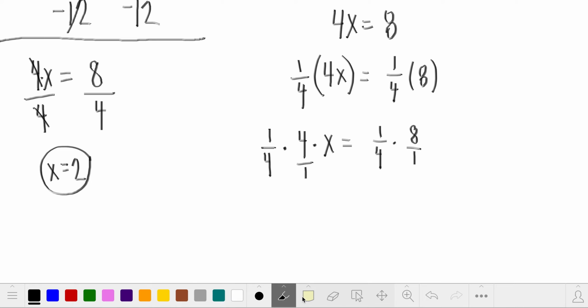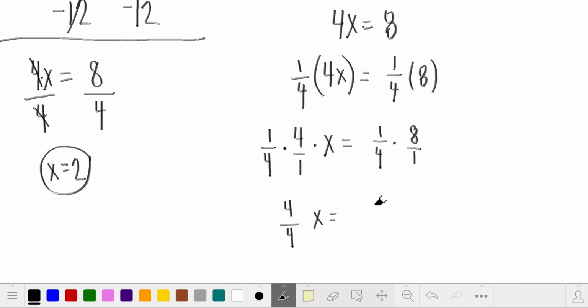Let me just clean that up a little bit so it looks better. We have 4 over 1, that's the same as 4. And when you have two fractions like this being multiplied, you just multiply the top numbers, the numerators, and you multiply the bottom numbers, the denominators. And that just gets you 4 over 4 here.